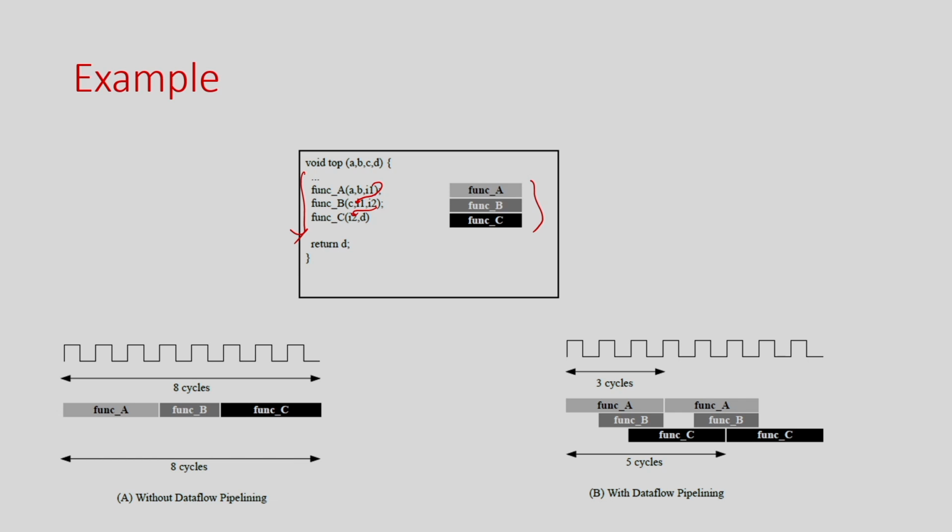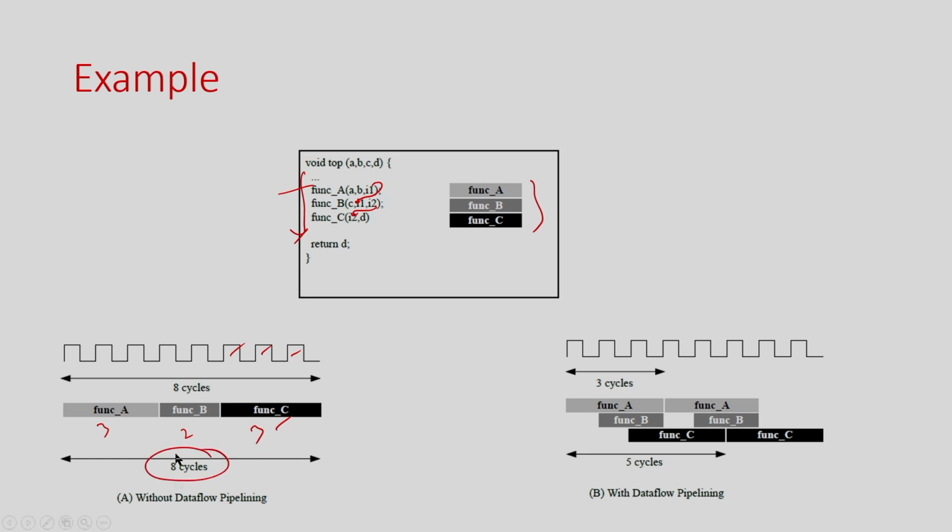So, this can happen. Now, let us say function 1 takes 3 cycles, function 2 takes 2 cycles, and function 3 takes 3 cycles, okay. So, that means it is total 8 cycles.